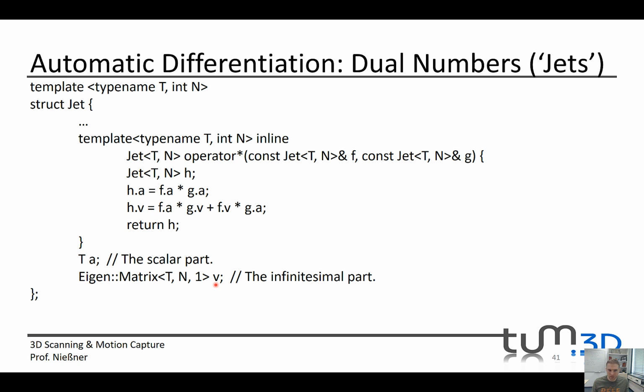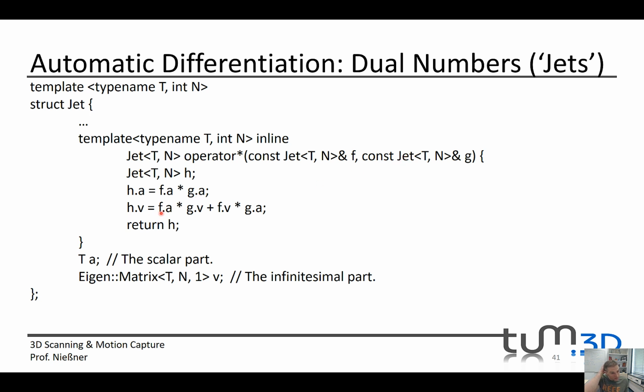And now the only thing you have to do is overload the operators, for example multiplication. Obviously, you have to do it for the other operators too. When you do multiplication, you have f and g as input, and h is your return value. So you have to compute a, which is the scalar part, and v, which is your infinitesimal part. For the scalar part, it's straightforward: you just multiply the two scalar parts of f and g.